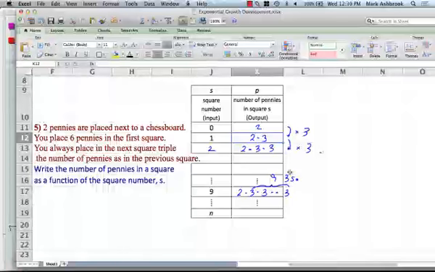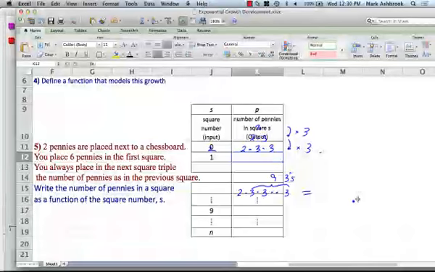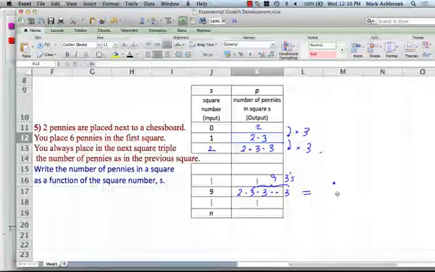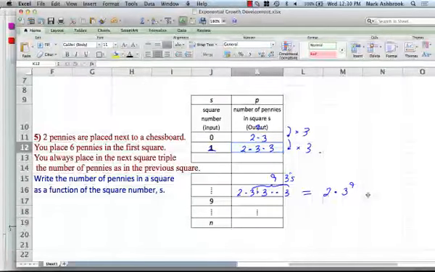Okay, exponential notation of that. 3 to the 9th. What does it mean? We're multiplying 3 nine times, right? Because every square that we advanced, we multiplied by 3. So by the time we get to the 9th square, how many times have we multiplied by 3? 9 times.